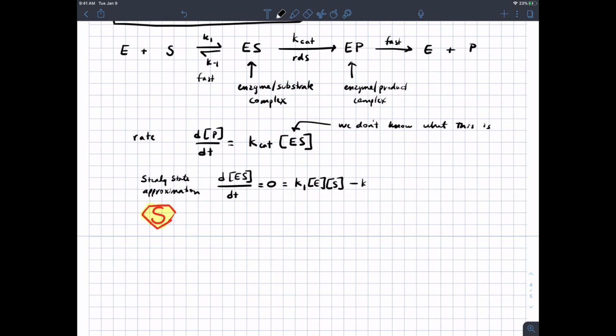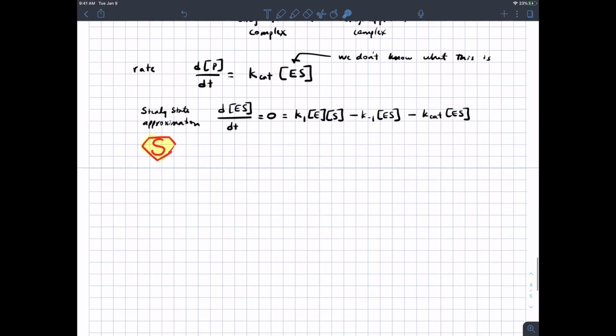One of them that causes disappearance of the enzyme substrate complex is the reverse of the binding constant, and then, of course, conversion of the enzyme substrate complex into product also causes this to disappear. A challenge with what we've got here is we don't know at any given point what the concentration of enzyme is. And so we've got one equation with two unknowns.